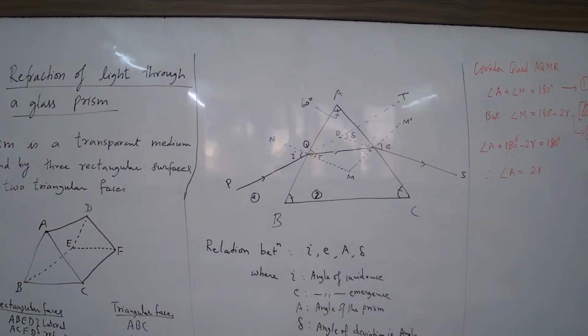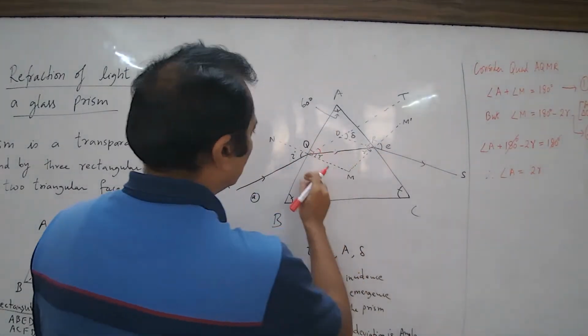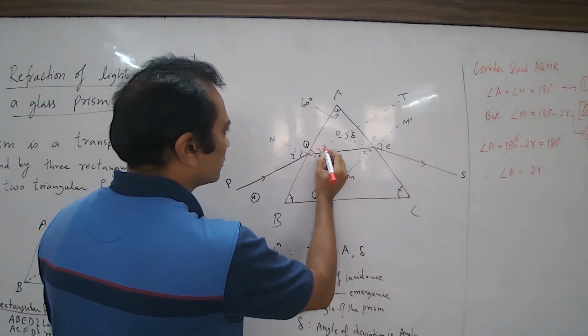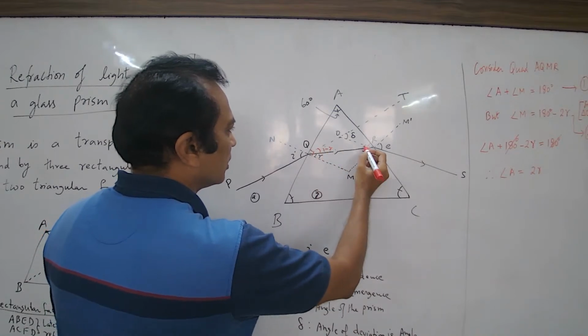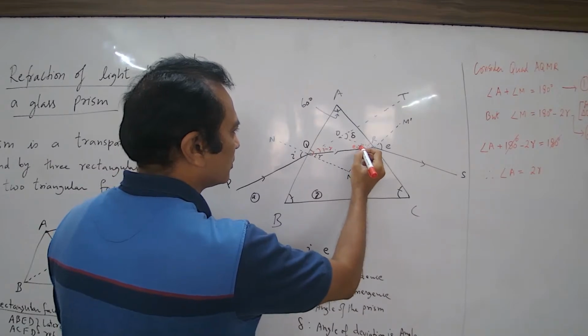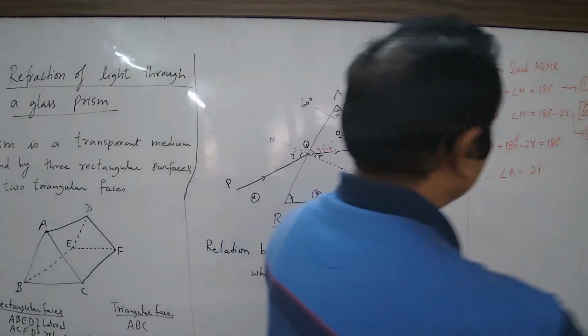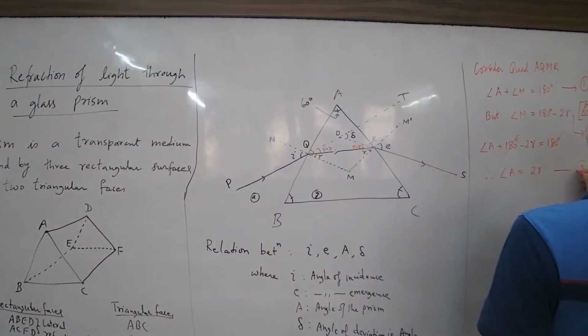Okay, actually. Now, what is this angle? This angle is equal to I minus R. And this angle is equal to E minus R. Right? Okay. So we are writing this as equation 3.